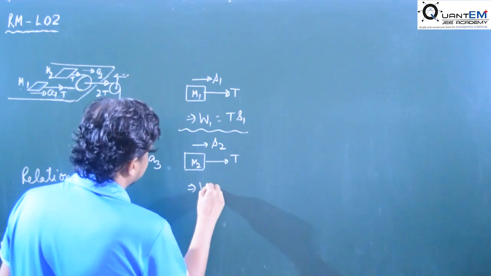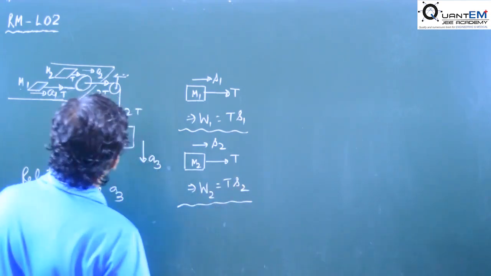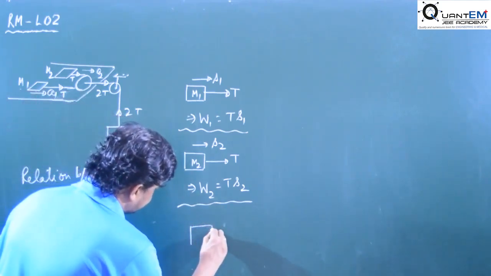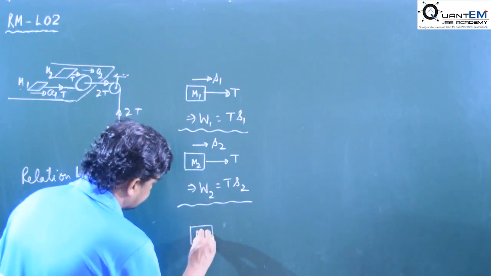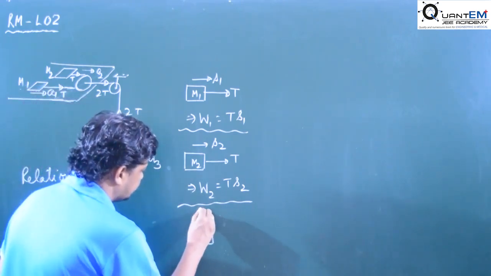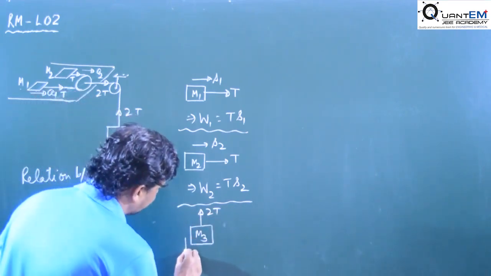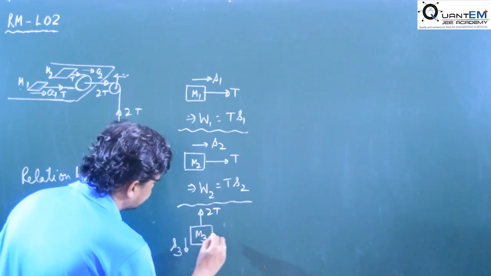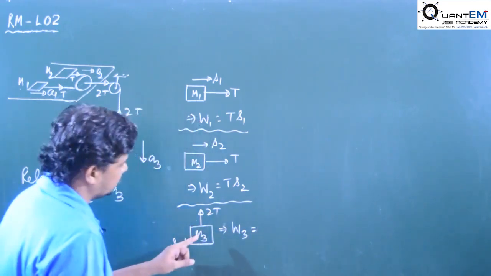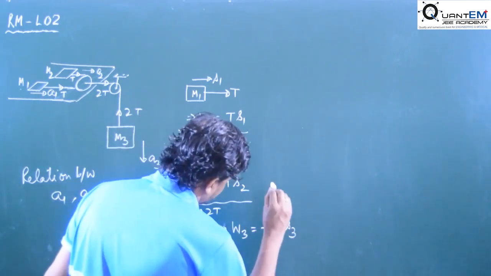It implies that W2 is T S2. Now we come to the third mass, M3. What is tension here? 2T, and the displacement we have in the downward direction, W3 is equal to 2T and S3 are in the opposite direction, minus 2T S3.